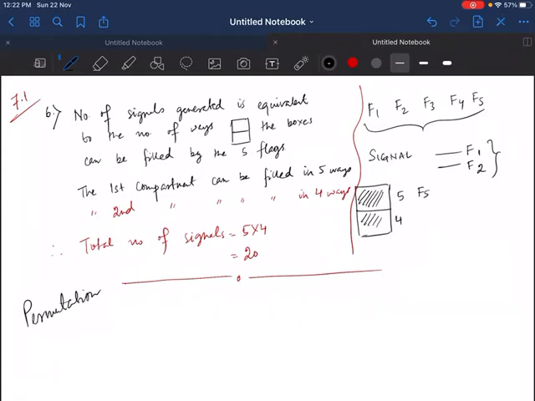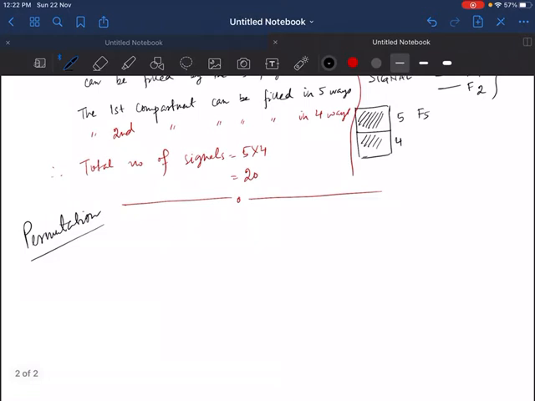Now what is permutation? First let us start with the definition of permutation. Permutation says it is an arrangement in a definite order of a number of objects taken some or all at a time.